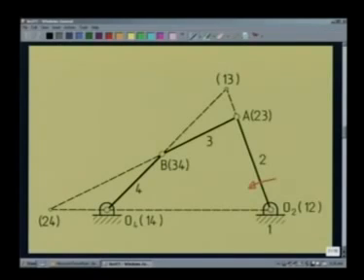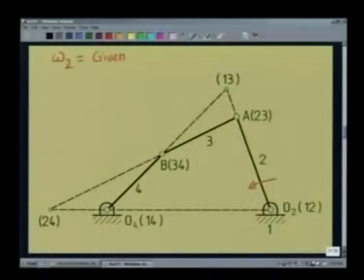That means the problem is: input angular velocity omega 2 given, and our task is to determine the angular velocity of the other 2 moving links, link number 3, that is the line AB, and link number 4, that is the line O4B. So, at this particular configuration, if omega 2 is given, the question is what is omega 3 and what is omega 4. Obviously, this will be true only for this particular configuration.